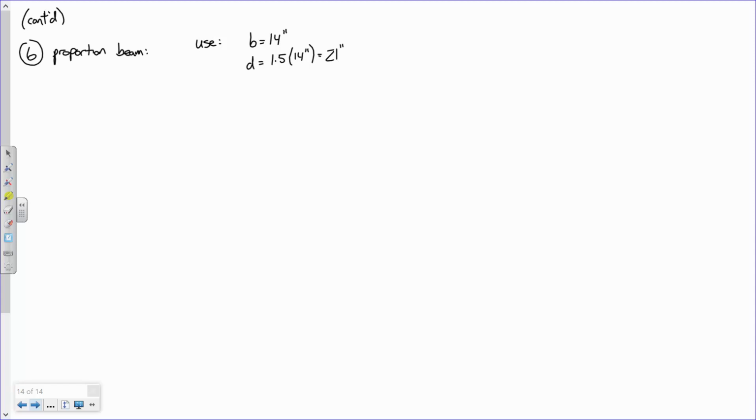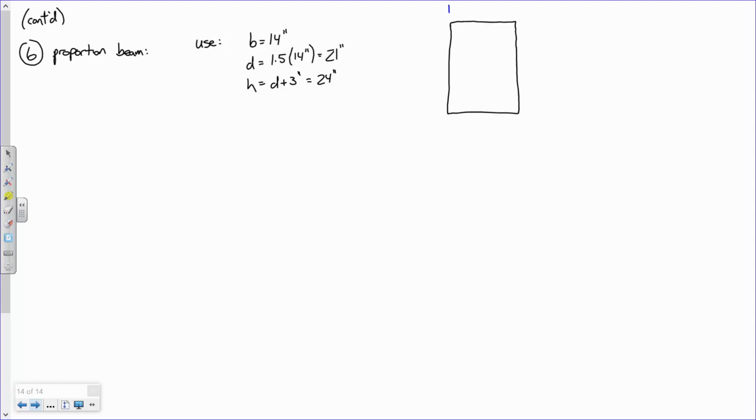So there's B and D, but in order to verify our self-weight assumption, we are going to need a height of the beam. What do you think the height of the beam is going to be? D plus 3 inches. So we'll say D plus 3 inches, and we'll say 24. So far, so good? So right now, we've got a beam.